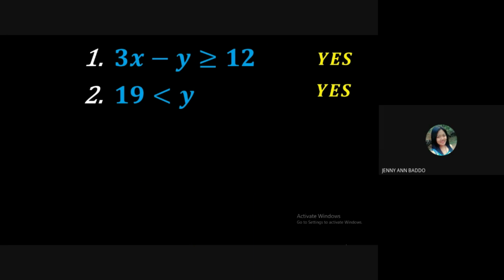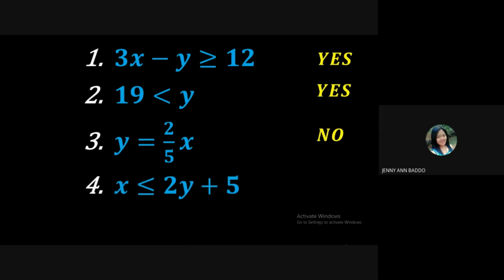But still, it is considered a linear inequality in two variables. How about this third example? Very good. It's not a linear inequality in two variables because it has the equal sign. So it's a linear equation, not a linear inequality.